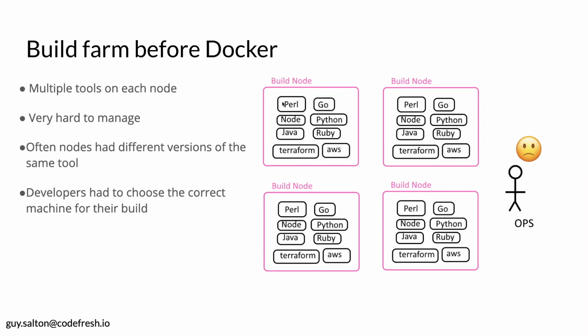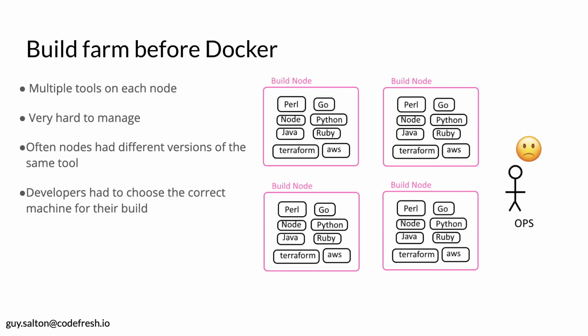So for the operator in this case, he has to label these nodes and say, okay, I have one node that has Java 5 and has Node 8, and another node that I would give a different label to, and this one has Java 10 and Go and Python 2. And then he has to maintain all these different build nodes. He has to upgrade versions whenever new teams need them. He has to install new tools on these build nodes.